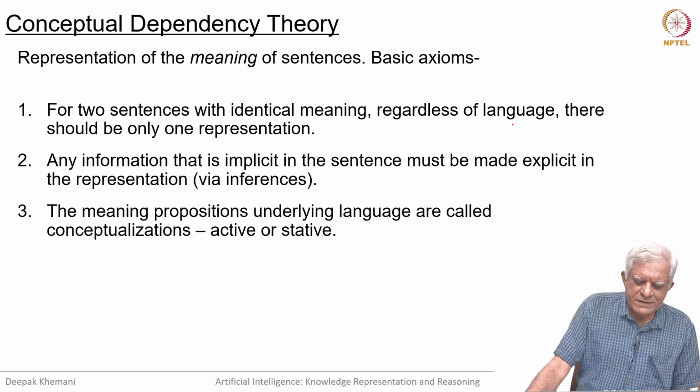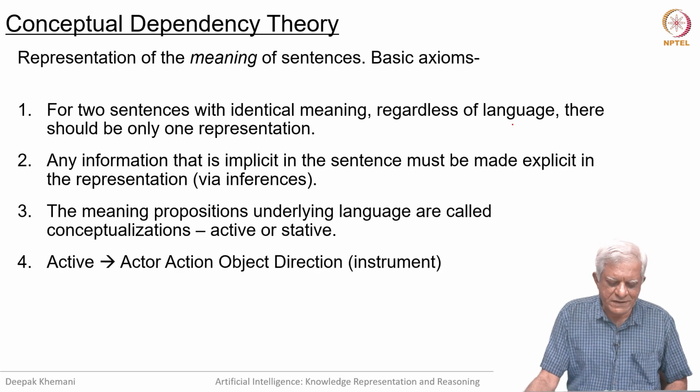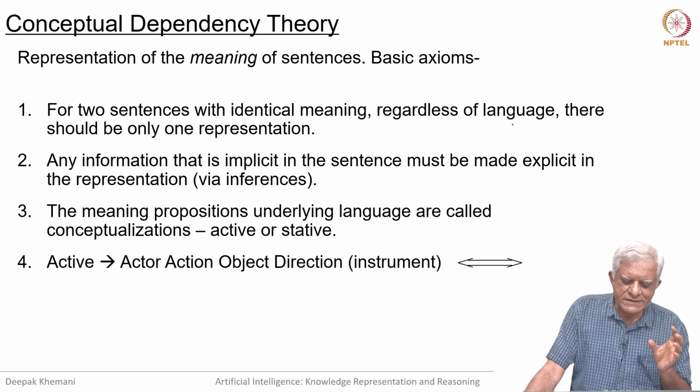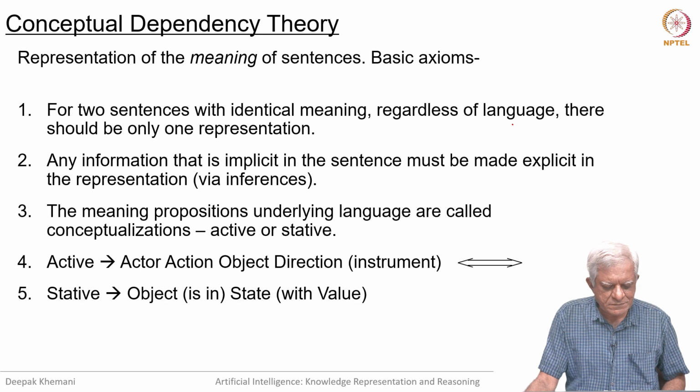The meaning propositions underlying language are called conceptualizations. We have mentioned that, and there are two kinds of conceptualizations. One is active and the other is stative. Active is when there is an actor and an action and an object and a sense of direction, also a sense of an instrument action, which is denoted by this double arrow here.